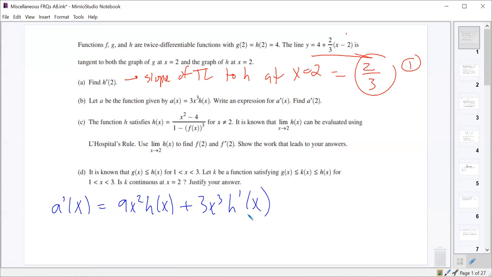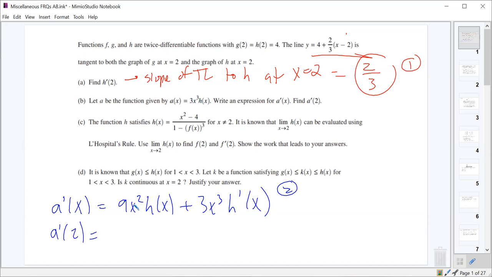Exactly, product rule, right? 9x squared h of x plus 3x cubed h prime of x. Derivative of 3x cubed times h of x plus 3x cubed times the derivative of h. Everybody good with that? Just the expression, actually, that was worth 2 full points if you just found what a prime of x was. And then to find a prime of 2, just plug in 2.